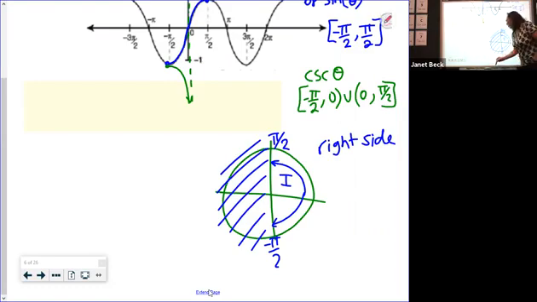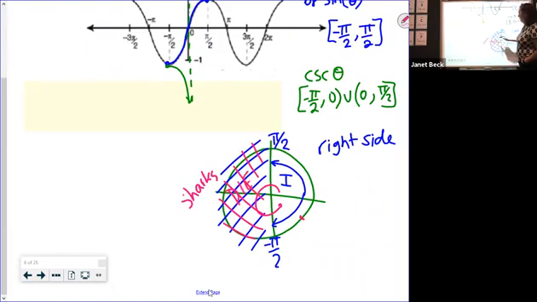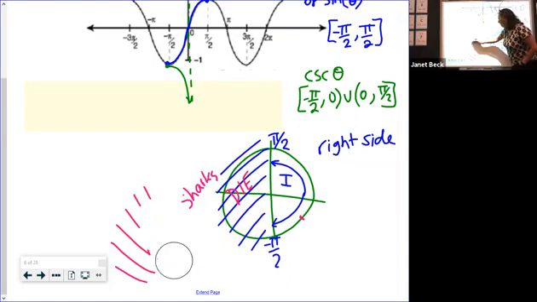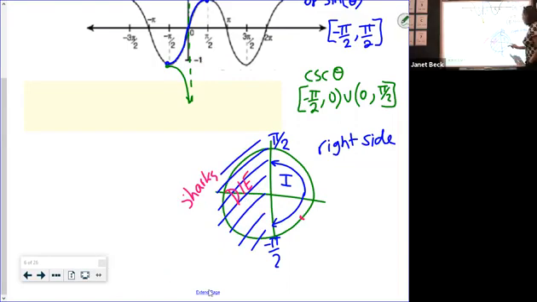And I don't want to call this one quadrant 4, because if I chose an angle and went to it thinking it was in quadrant 4, I'd be going through this part. I want you to think of this part here as a sea full of sharks. If you go through this part at all, you're going to die. So I don't want to think of that as quadrant 4. I want you to think of that as quadrant -1. To get to any angle down here, we're going to have to come down to it, not go around the long way. Okay? That's the right side of the circle.